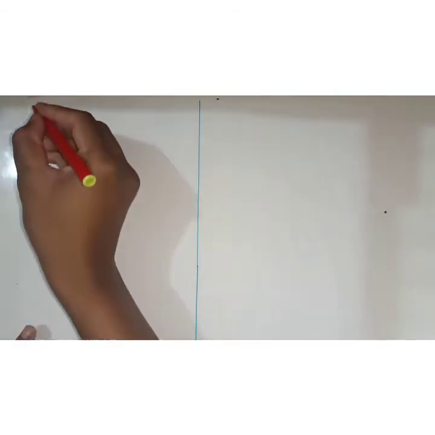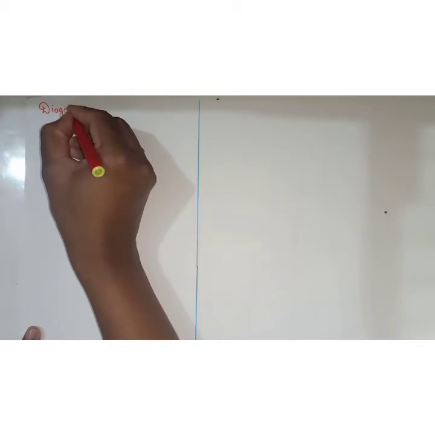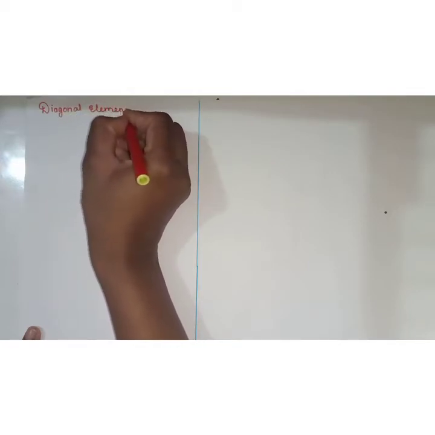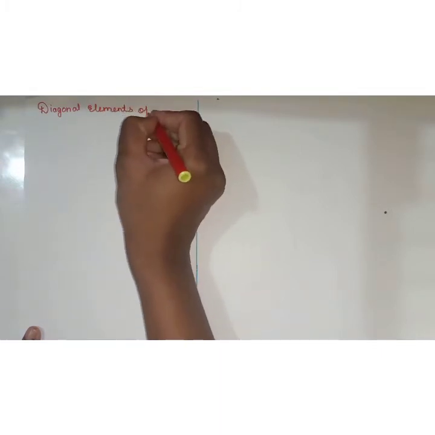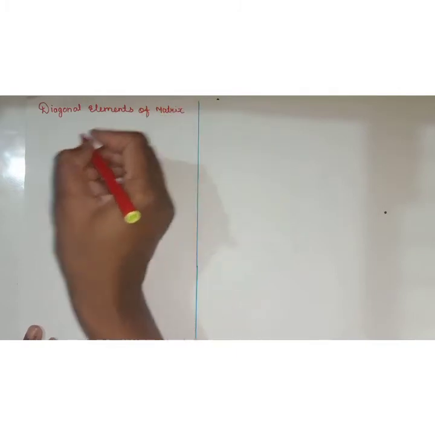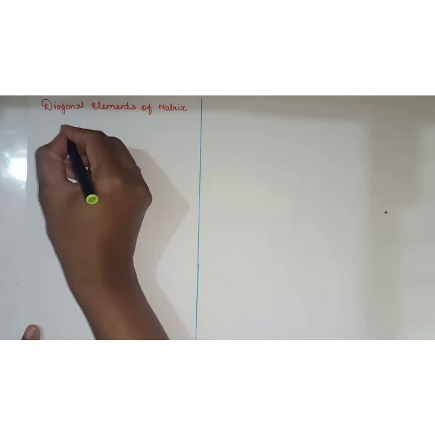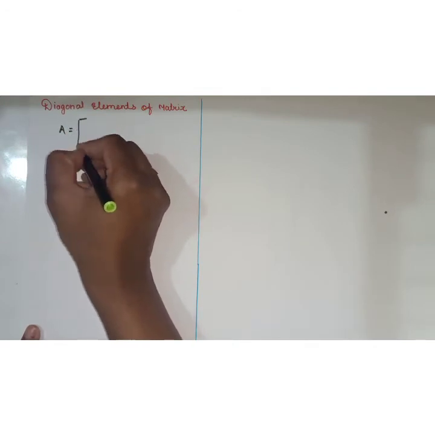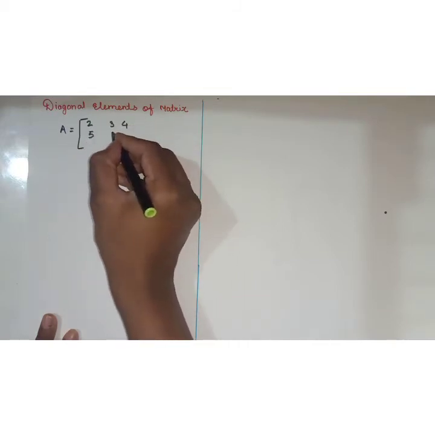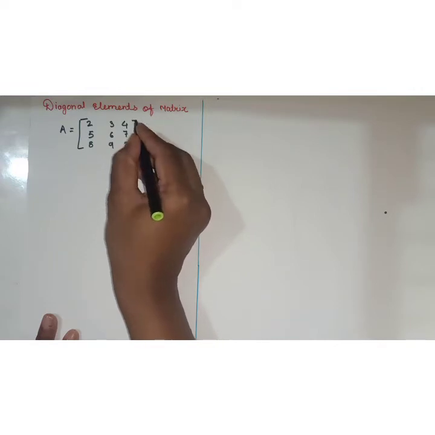Now let's see diagonal elements of a matrix. For example, if your matrix is A equal to 2, 3, 4, 5, 6, 7, 8, 9, 2.